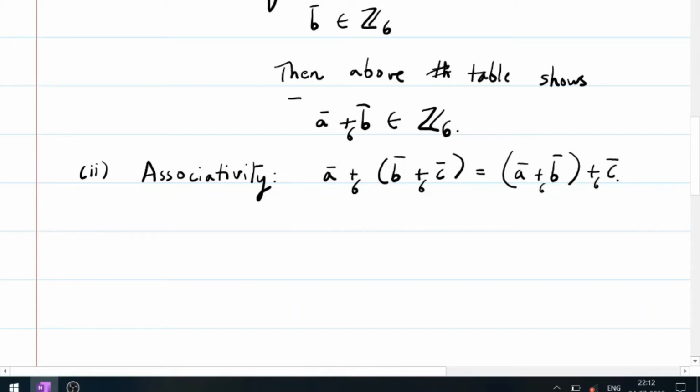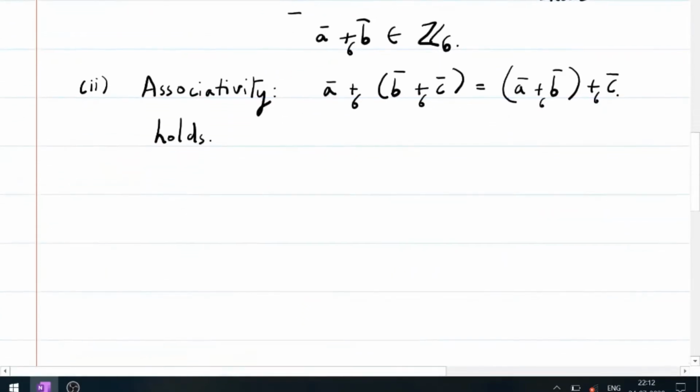So this associativity holds. The reason is that associativity holds in integers, so it will also hold in Z6 here.